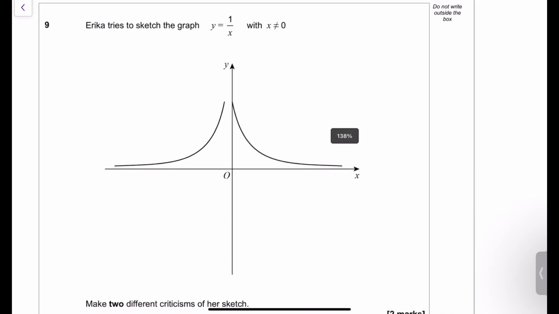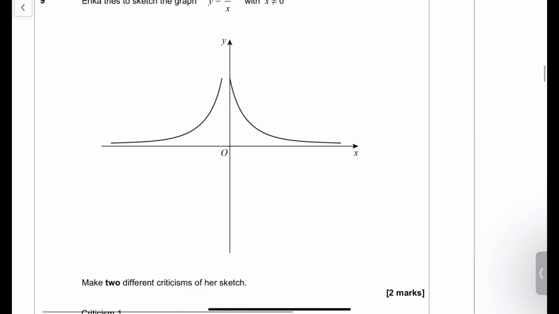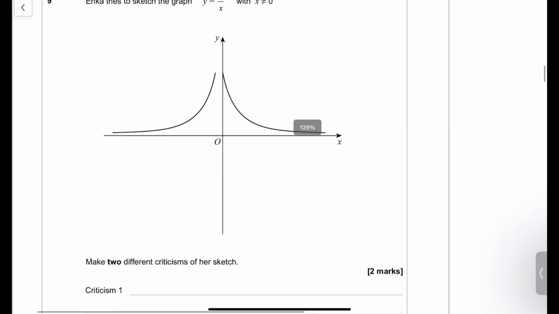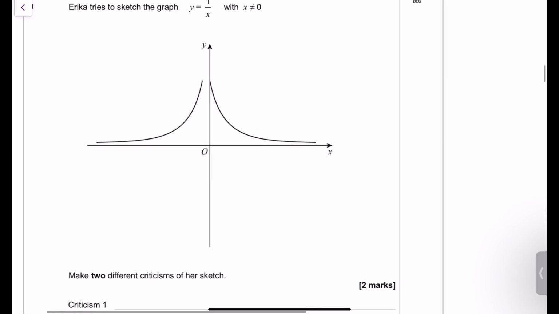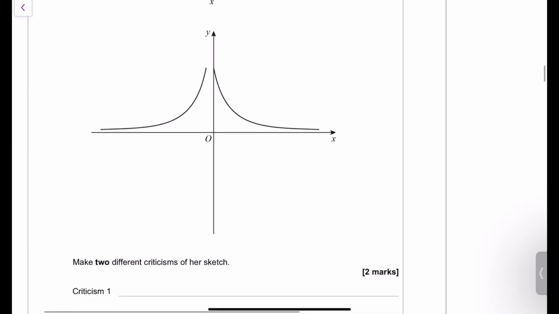Okay, Erica tries to sketch a graph of y is equal to 1 over x. Make two different criticisms of her sketch. Okay, right, first criticism, I suppose, is that the vertical axis, the y-axis, is meant to be an asymptote.